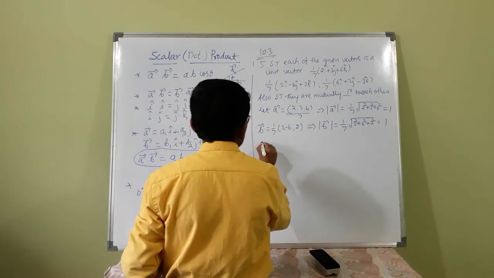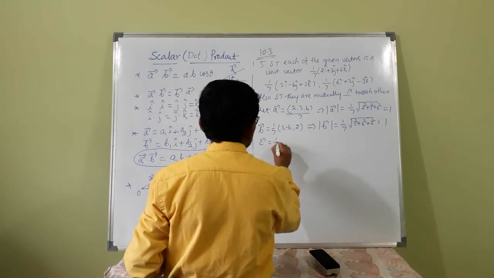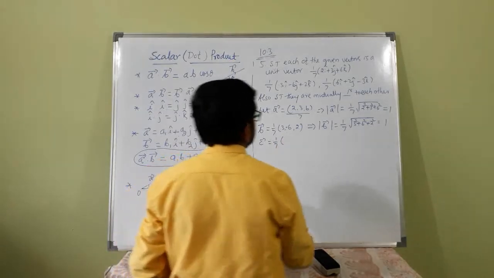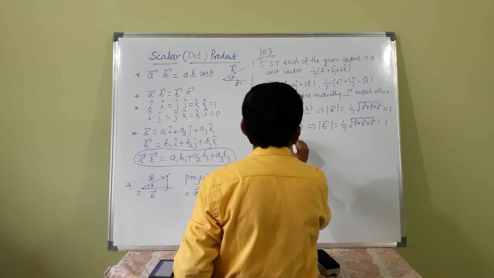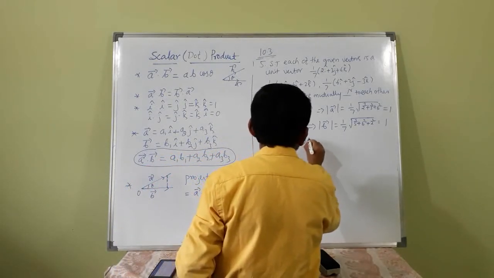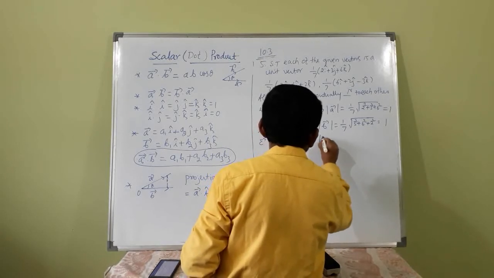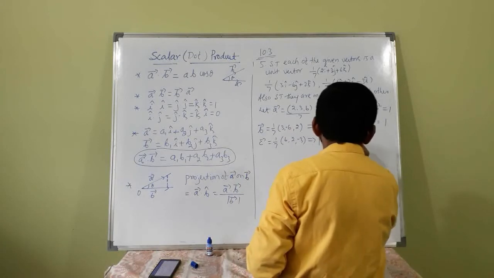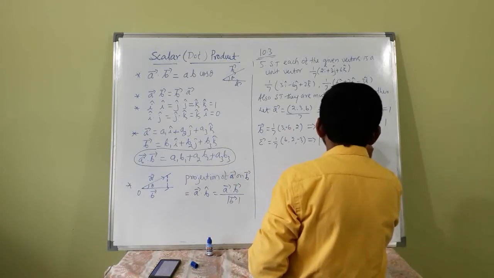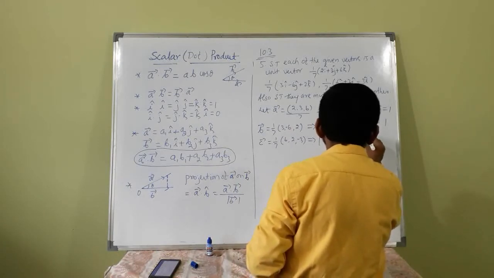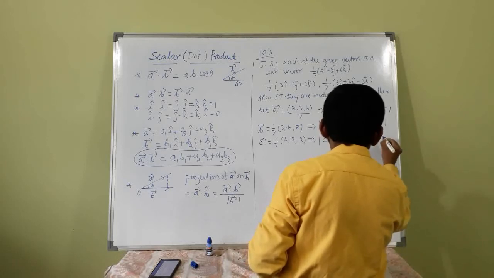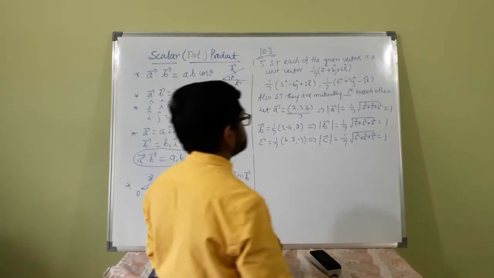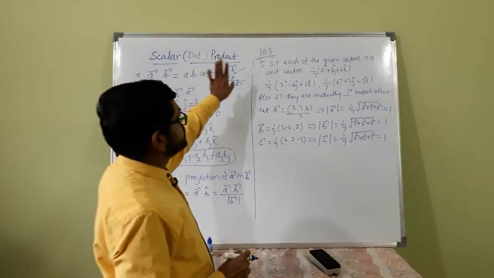Similarly C is equal to 1 by 7 into (6, 2, −3). So magnitude of C is 1 by 7 into root of 6 squared plus 2 squared plus 3 squared, equal to 1. So first part is over.